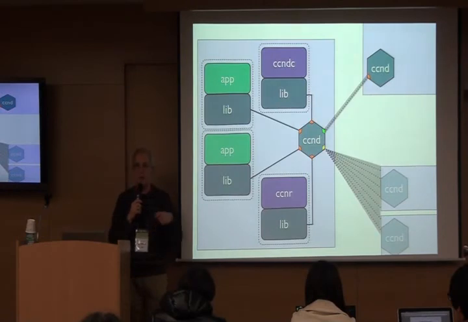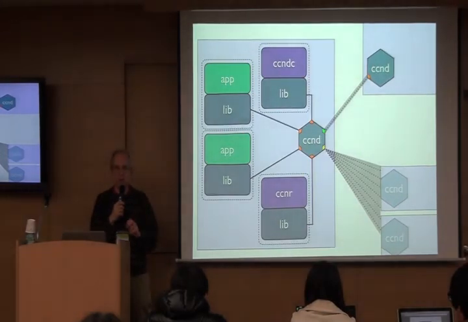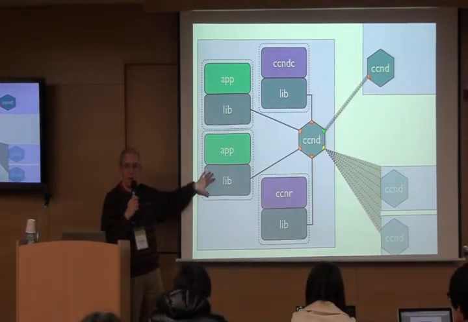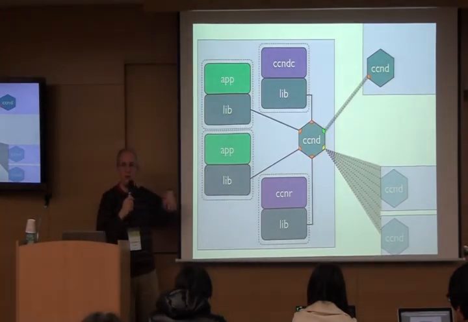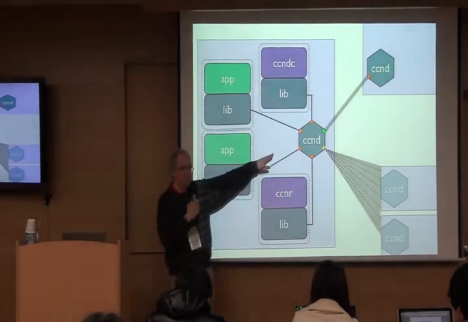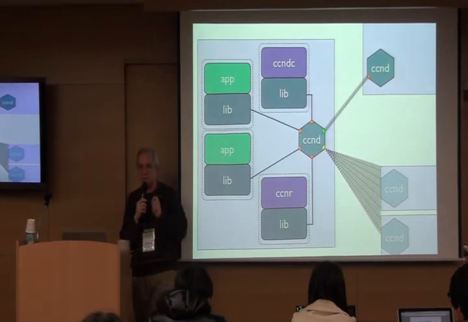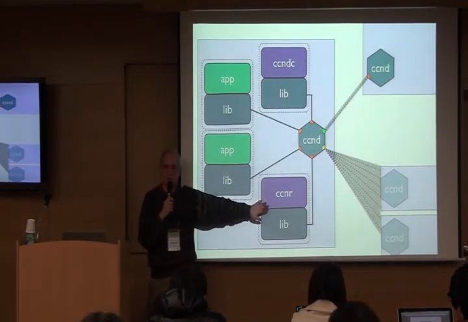It's already a sequence of packets, each with its own name and signature. In order to simplify that so that every application writer doesn't have to do all of the most inconvenient bits of that, we can imagine the library helps to do some of that by providing things like a stream abstraction or something like a file abstraction. But nonetheless, you're right, that what leaves here and goes through the CCND is individual data packets with individual names, and that's what the repository holds on to.